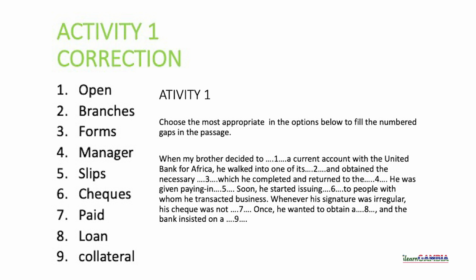Then you have paying in slips. You start writing out checks to people. Then if the check is irregular or your signature is irregular, then they would decide not to pay the check. Then if you need to obtain a loan, then you have to give a collateral. Okay? Good. Now activity 2, the same thing here.